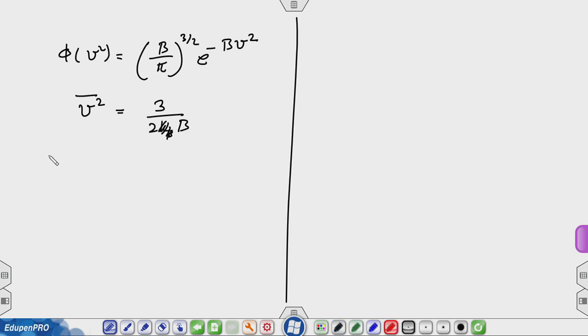But from kinetic theory, we have v square bar equals 3 kT by m, and this should be equal to 3 by 2b.